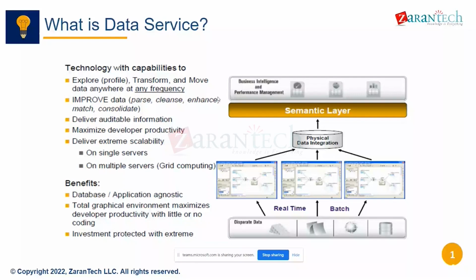QA and production are the central repo. In development, each developer can have their own local repository, but when it comes to QA or production, you should mention only one repository.